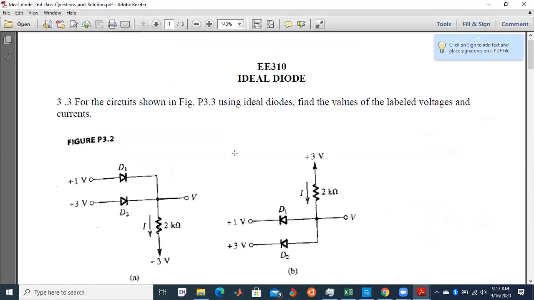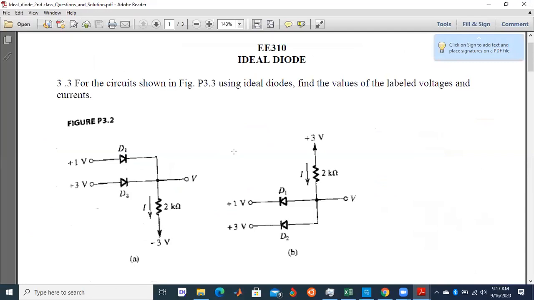So now, as I said, we are basing our analysis today on the OR gate and the AND gate. Looking at these two pictures, A and B, can you see my screen? Which one is the OR gate and which one is the AND gate?